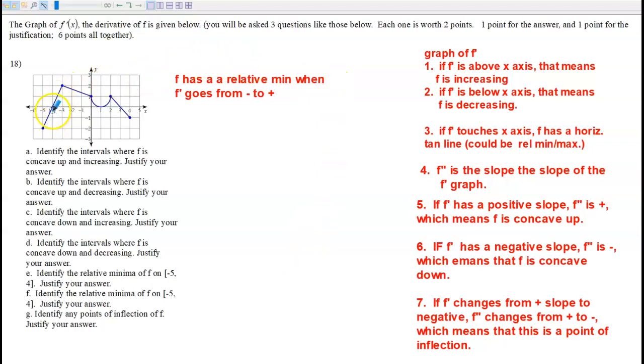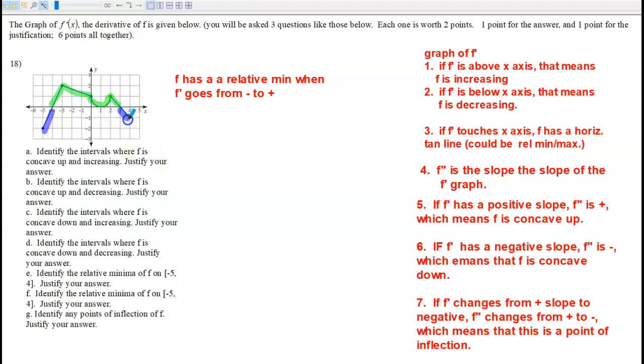Well, f prime is negative here, and it's positive here, and then it's negative here. Oops, wrong color, my bad. So the green spot is where f prime is above the x-axis, which means that f prime is positive.